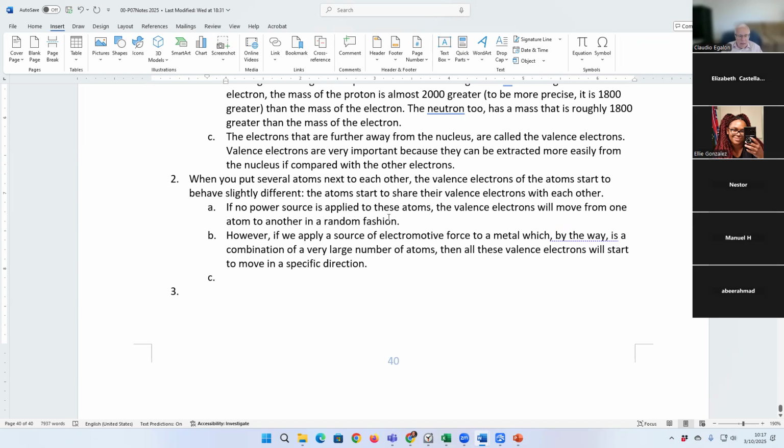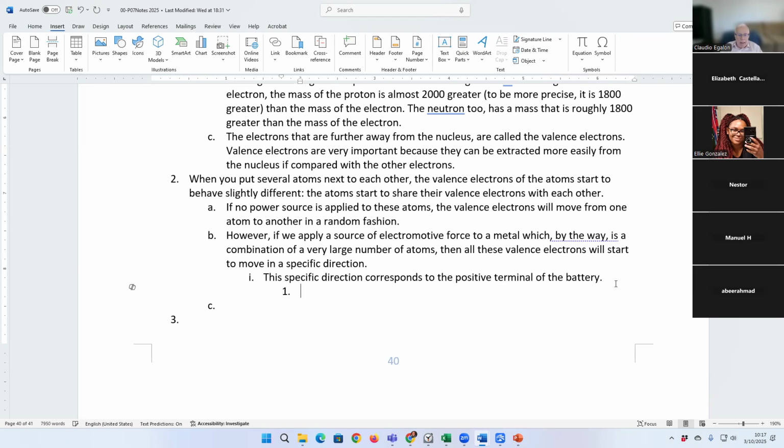And this specific direction corresponds to the positive terminal of the battery. I'm going to do it this way. This specific direction corresponds to the positive terminal of the battery.